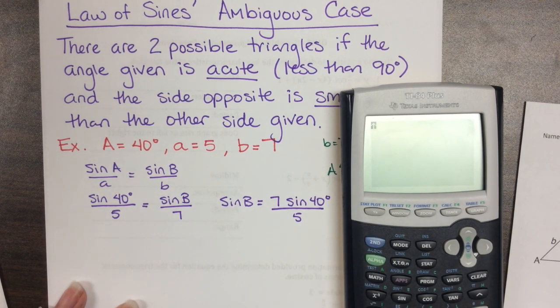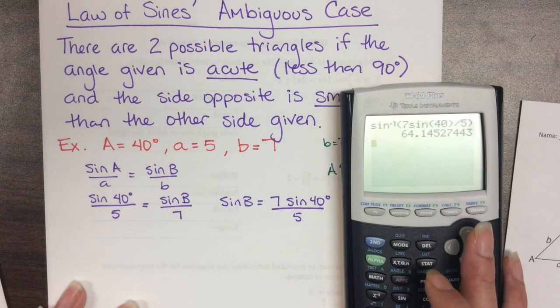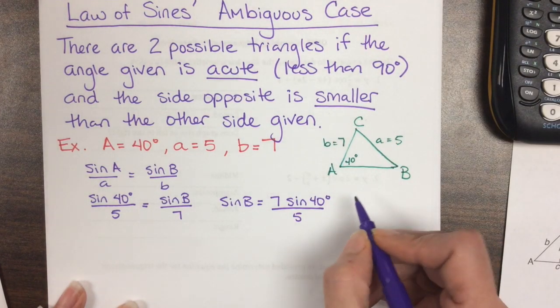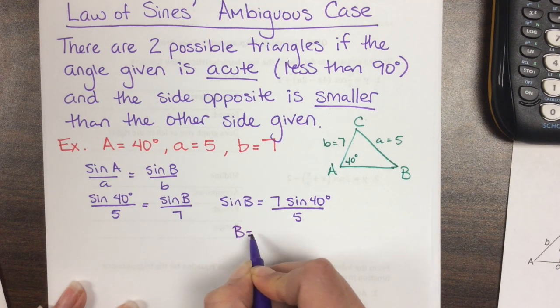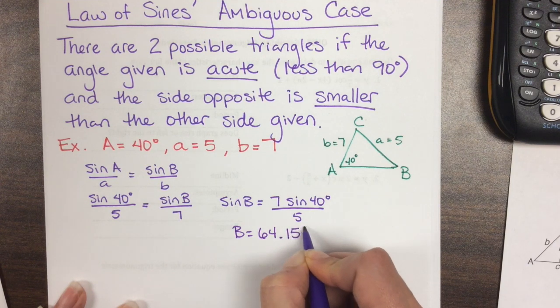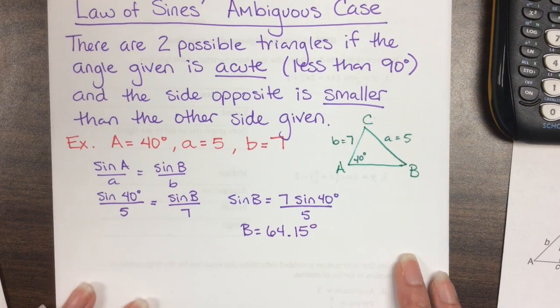So second sine of 7 sine of 40, divided by 5. And we get that angle B equals 64.15 degrees. However, we have two options for B.